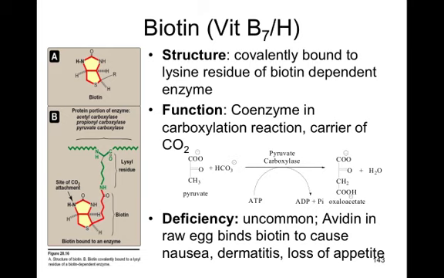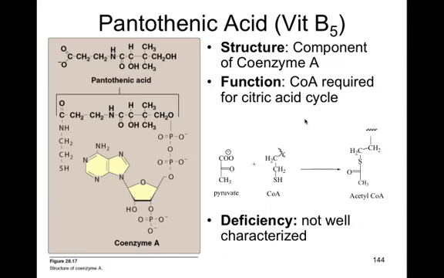However, there is a substance called avidin in raw egg that can bind to biotin. Now, having one or two raw eggs doesn't really cause biotin deficiency, but in the rare instance of biotin deficiency, it's nothing serious except for some mild symptoms such as nausea, dermatitis, and loss of appetite.